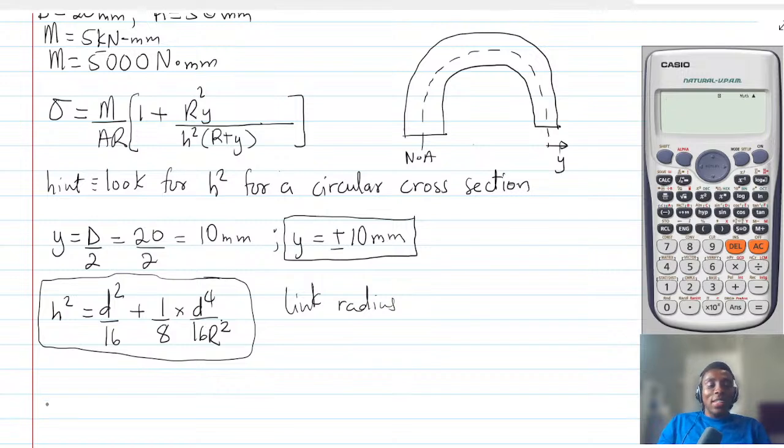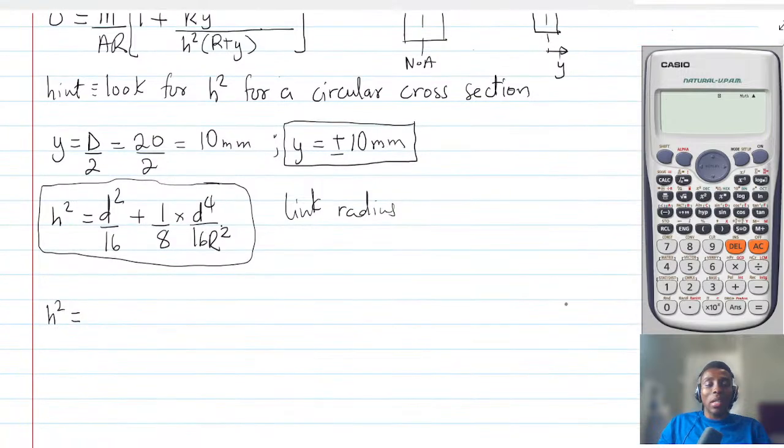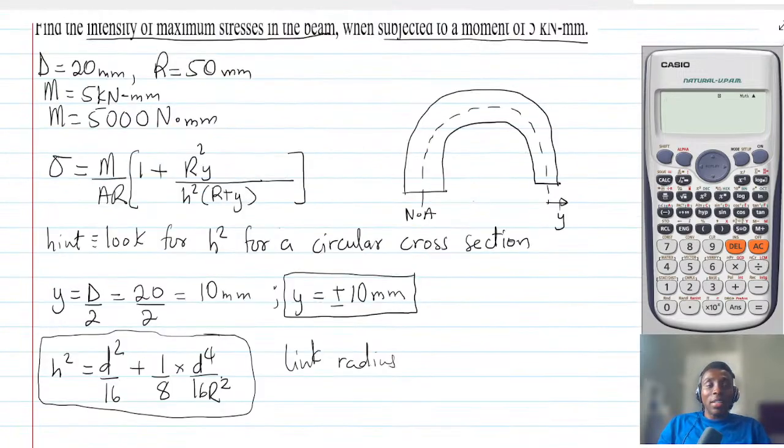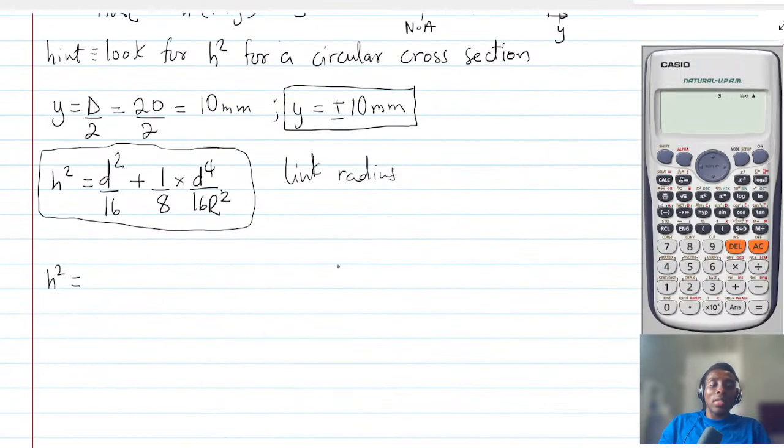So basically the h squared is going to be d squared over 16 plus 1 over 8 multiplied by d to the power 4 divided by 16 r squared. Now what is the d here? The d is the diameter. For this question, the diameter was 20.